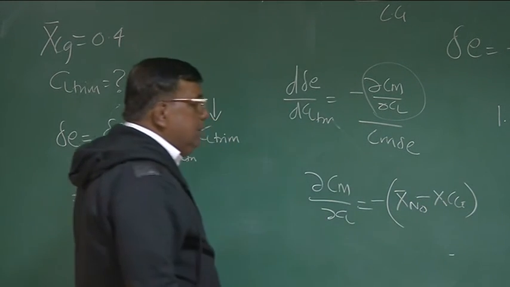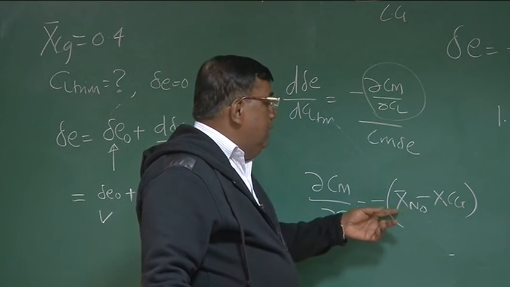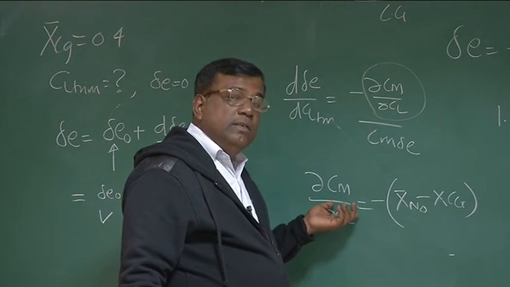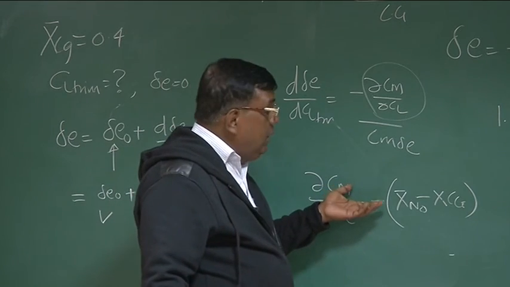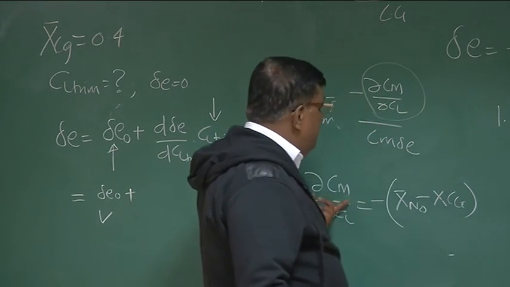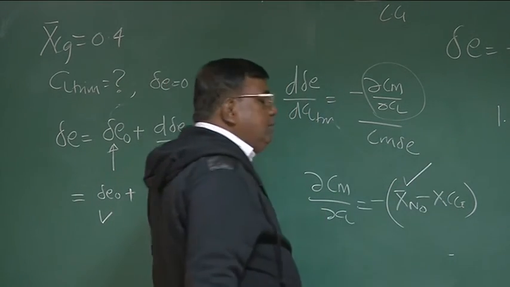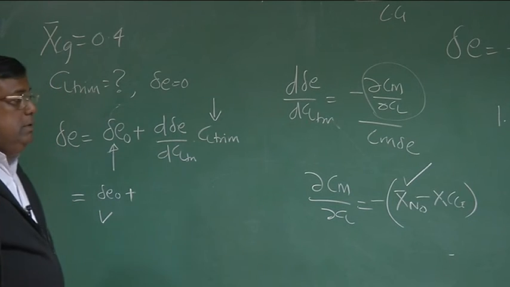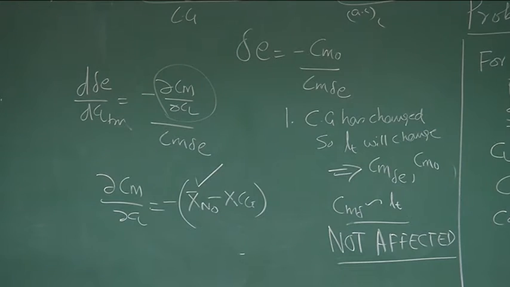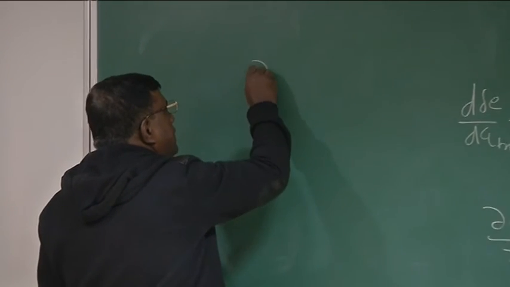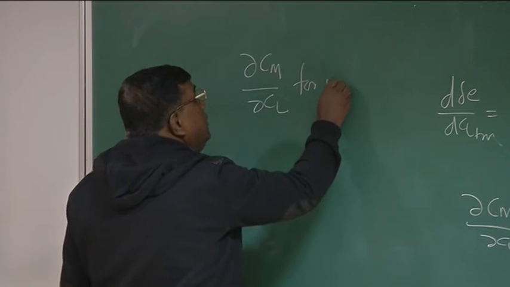That is why we say if xCG coincides with neutral point, then you say this is neutrally stable, that dCm by dCL becomes 0. Right? So we have to take this into account, that as CG has changed, dCm by dCL also will change. But the question is, do you know the value of neutral point, stick fixed x naught? Do you have any idea? What is the value of that? What is neutral point? Let us ask ourselves. Now we are trying to find out what is dCm by dCL for new CG location.